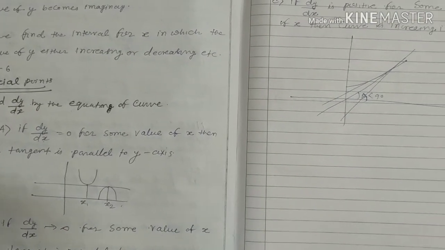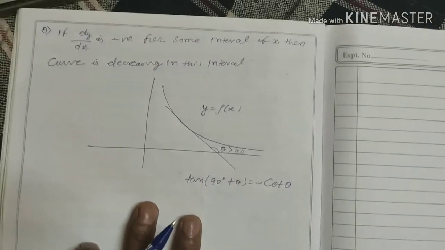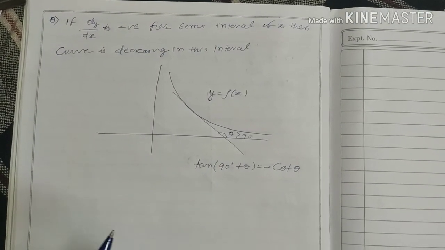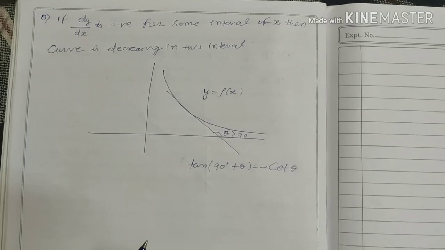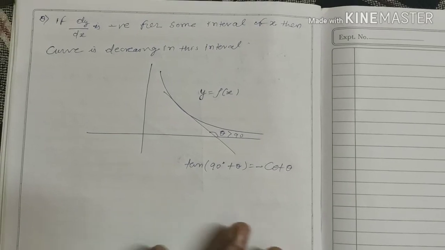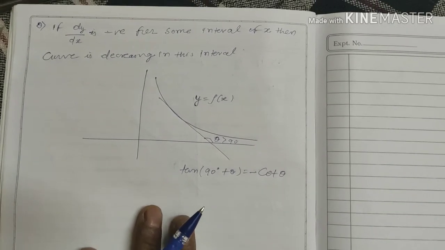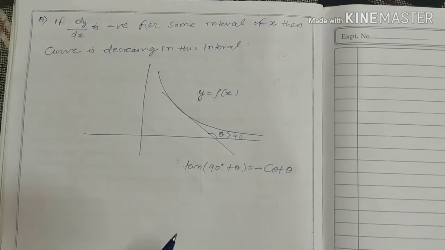So I repeat these properties. There is a lot of theory in this concept, so you have to read it, and if you have any problem in any place of this concept, then reply to me in the comment box.